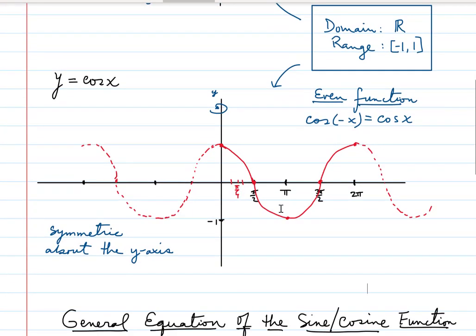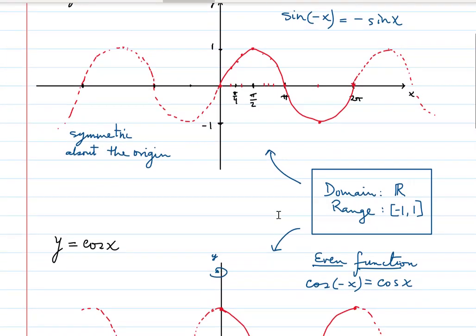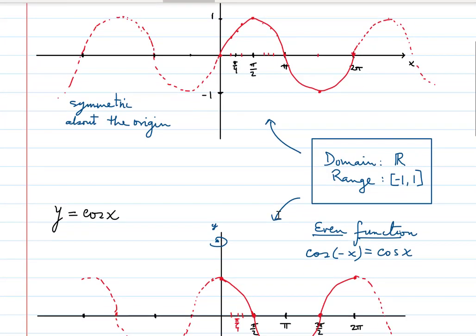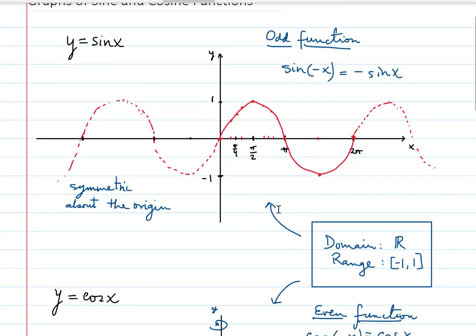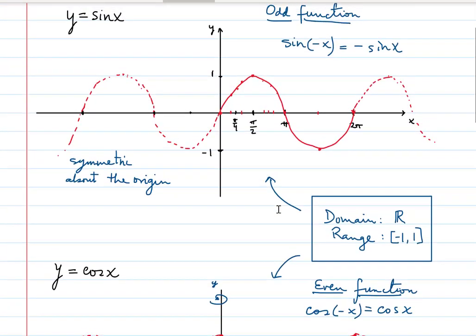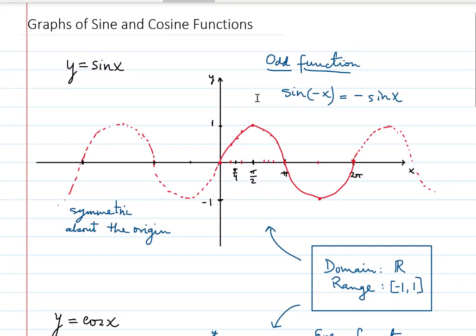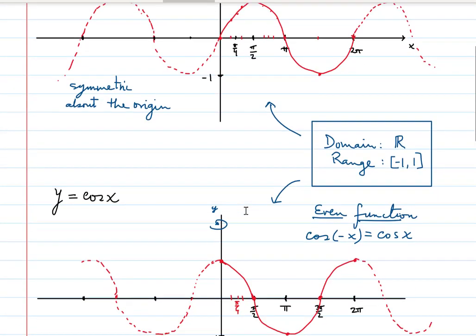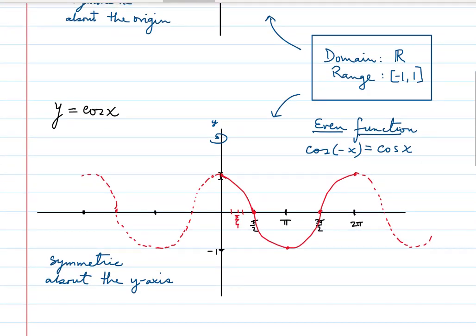As we'll see, you can deduce from the graph that both of these have a period of 2 pi. Why? Because it takes 2 pi for a cycle to complete. Notice how it starts at 0 and ends at 2 pi. That's the whole cycle of sine. And then same thing for cosine. This section in solid red is one cycle, one wave of cosine.